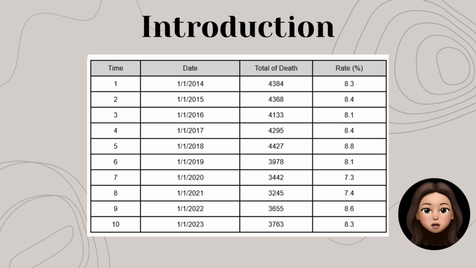In this dataset, however, these categories have been combined into a cumulative figure presenting the total number of deaths for each year. For the analysis, a variable X represents time in years ranging from 1 to 10, corresponding to the years 2014 to 2023. Variable Y represents the rate of early childhood death for each year.